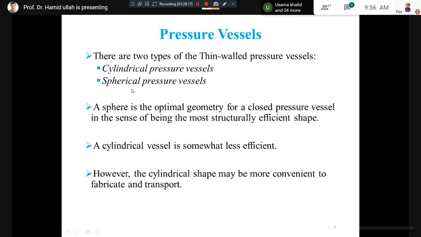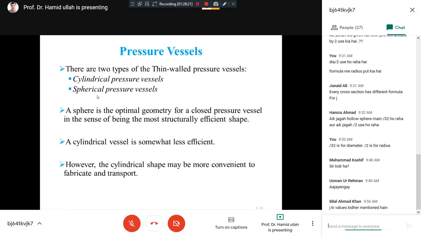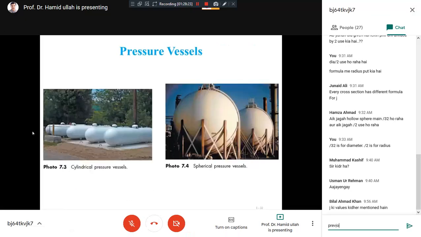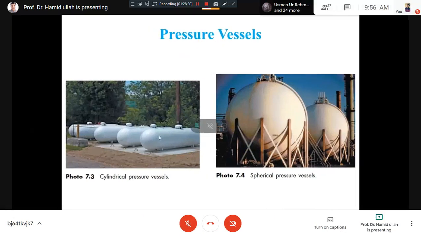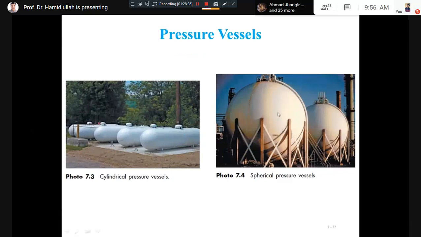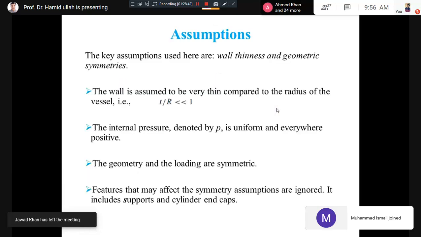The name of each type is given based on the shape. On the left side, it is cylindrical, and on the right side, it is in the form of a sphere, so you will call it a spherical pressure vessel. These are the two types of vessel.